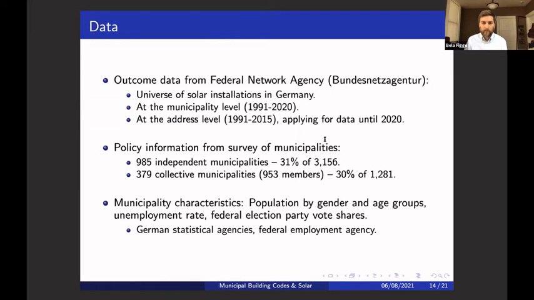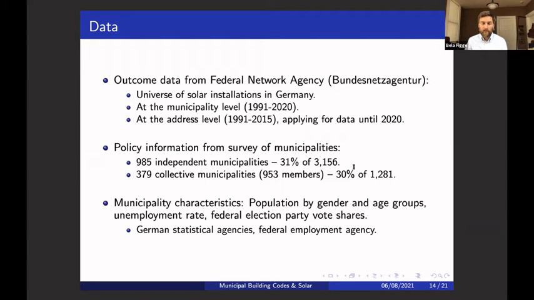So that's what we see here in bullet point 2 from this survey, which provides us with our treatment data. We have this data set on 985 independent municipalities, which is about 30% of all municipalities in Germany, and then 379 collective municipalities, which is also about 30% of the collective municipalities in Germany.